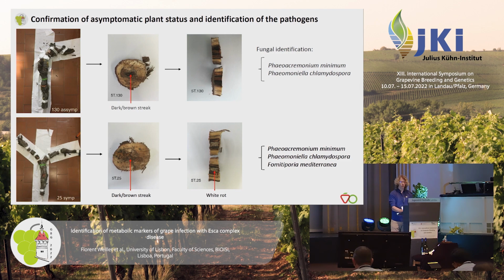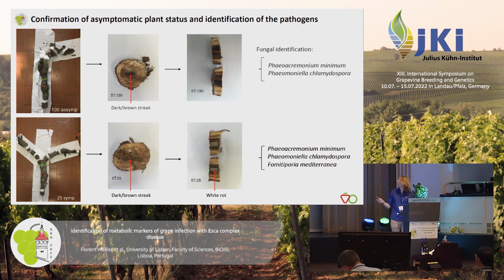As there are many fungal species, we first validated the different fungi that were present in the plants, and also wanted to confirm that our asymptomatic plants presented no symptoms. So we cut two of the harvested samples and separated them into different sections.